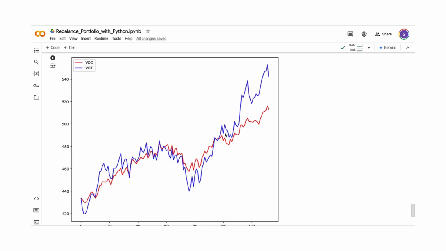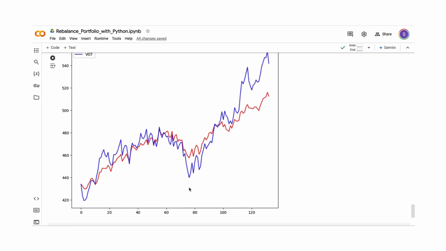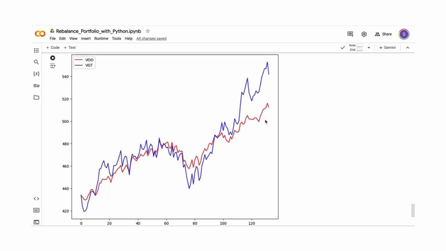As you can see, VGT finally has larger returns than VOO, but it is not true at all periods of time. VGT has a larger variance, and at this point VGT's returns are less than the VOO, which means that when we keep on rebalancing at each period of time, at this point we would actually choose less of the VGT stock, which would give us lower returns, and our final returns would be less than what we would have got if we had just kept investing in VOO.